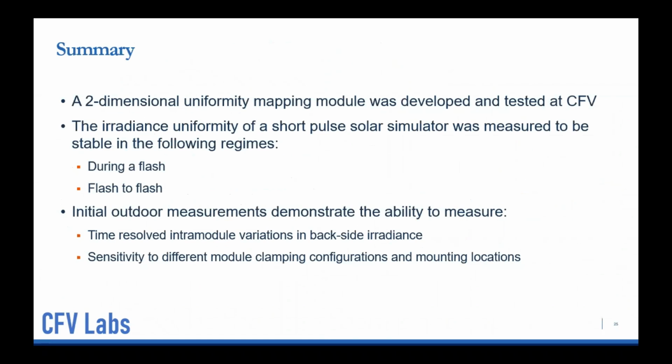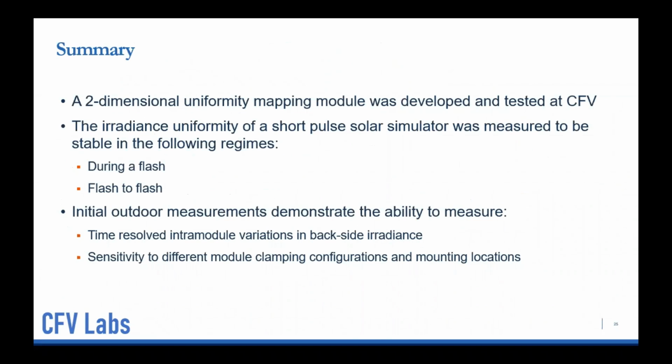So in summary, we created a two-dimensional uniformity mapping module. We did all the in-house design, construction of the boards, and calibration of the instrument. Some of the things that we did learn: the uniformity of the irradiance of a short pulse simulator was measured to be stable in the following conditions during flash and from flash to flash.